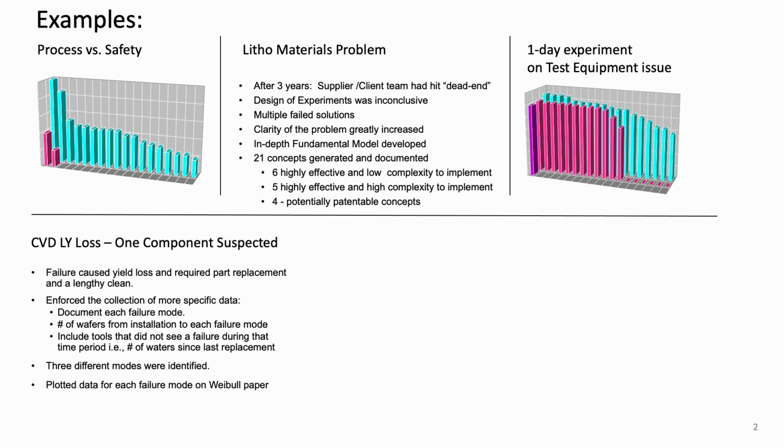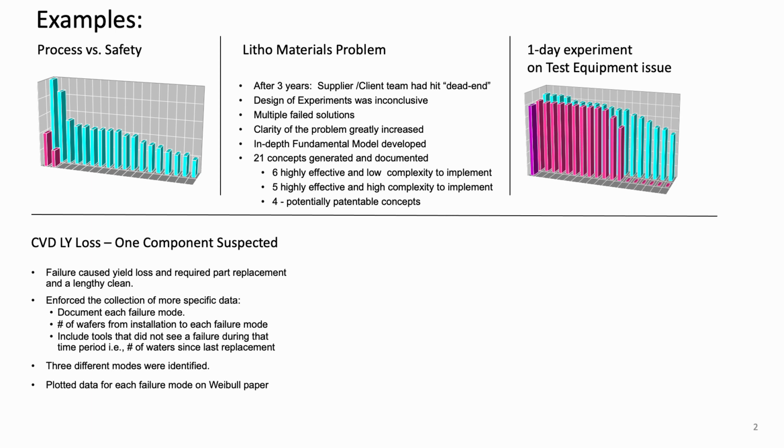We needed to know the number of wafers from installation to each and every failure mode occurrence. And we also included data from tools that had not seen that failure during any given time period; we needed to know the number of wafers since the last replacement.